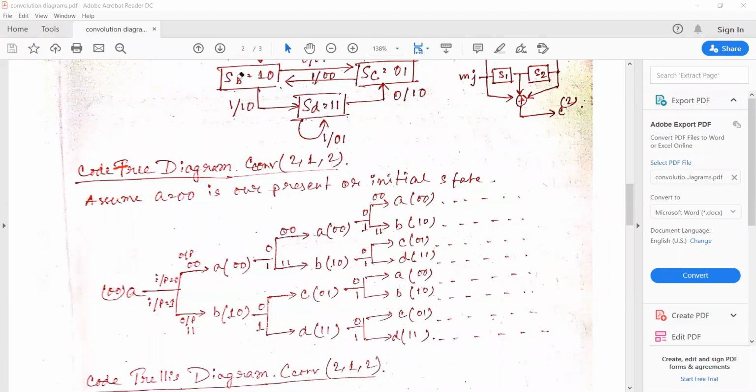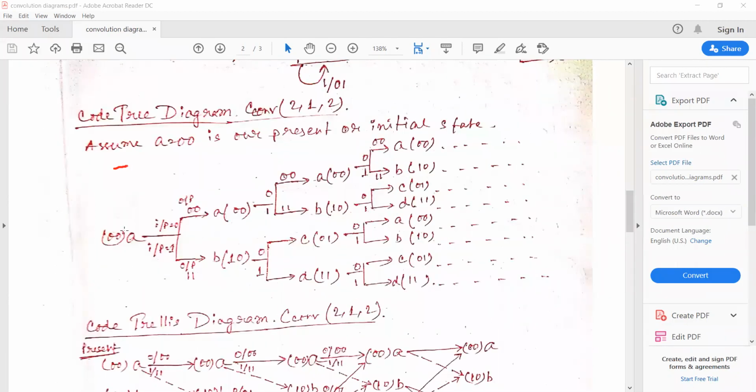See, here this is 00, right? So this is 00. When I'm giving input 0, it is going to A again. This is A, and the corresponding output is 00, as we have seen from the table.